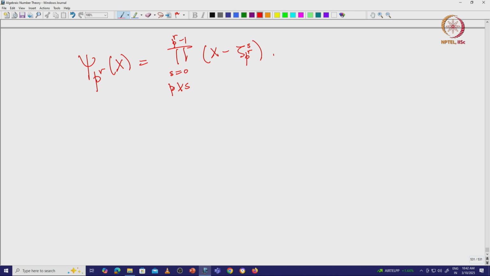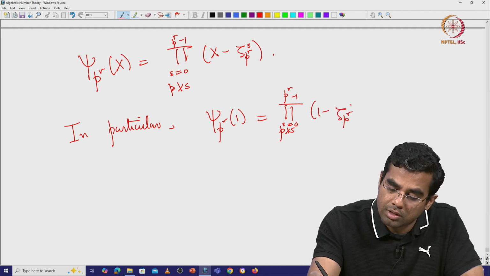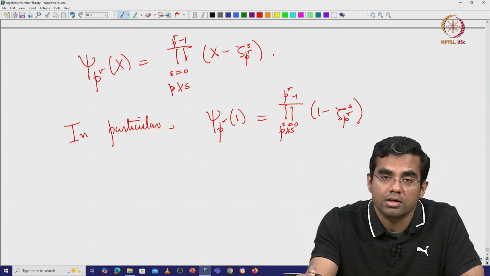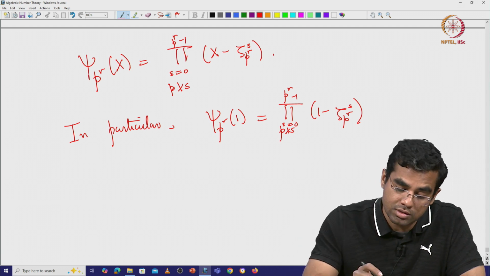Right. So, in particular, psi p to the r of 1 is just the product over p not dividing s, s going from 0 to p to the r minus 1, of 1 minus zeta p to the r to the s. Okay, none of these factors is 0, by the way, that is easy to see.